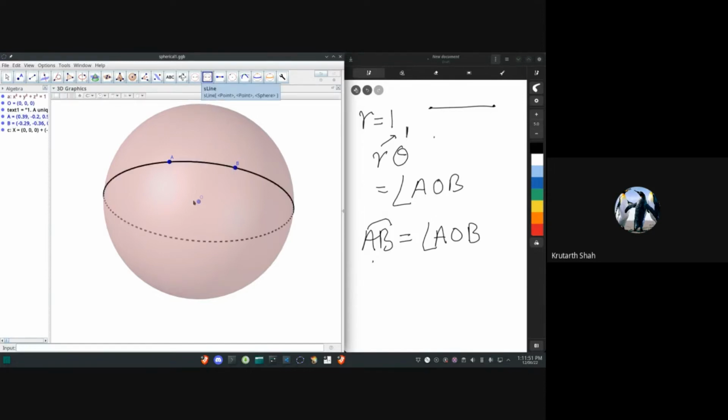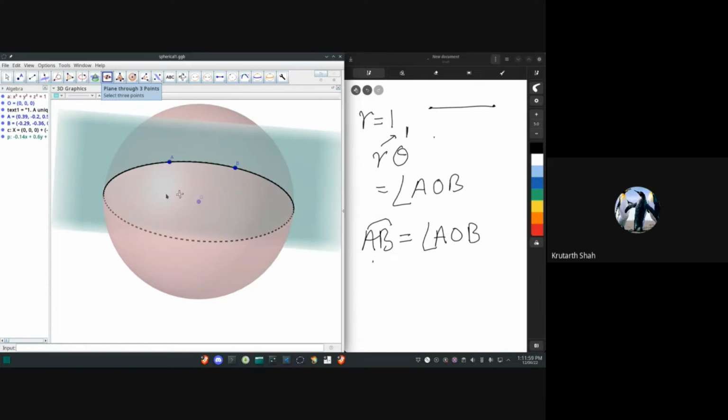But you can also think about it in terms of planes. If I consider the plane AOB, the circle is the intersection of AOB and the sphere itself. This definition is useful because planes are nice for proving some basic properties.